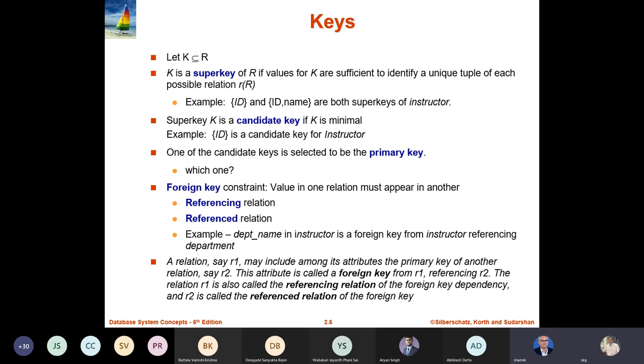Out of these candidate keys, one is selected by the database designer as the primary key for identifying that relation. And we have the concept of foreign key, where a value in one relation must appear in another. So the department name in the instructor relation is a foreign key referencing the department. We'll see where it helps and how we can use those keys.